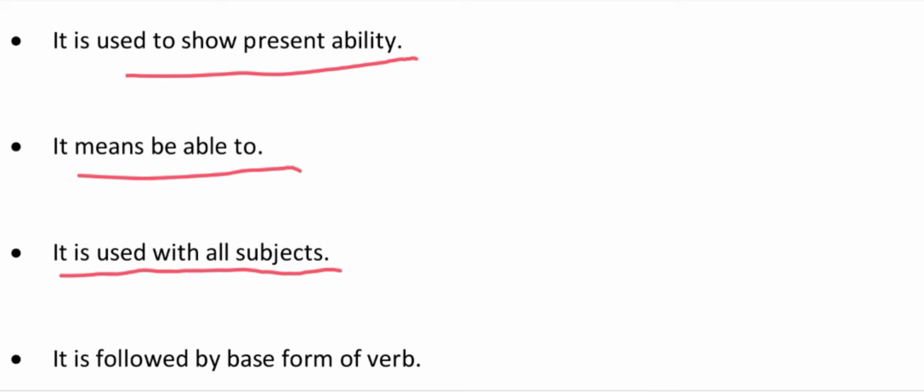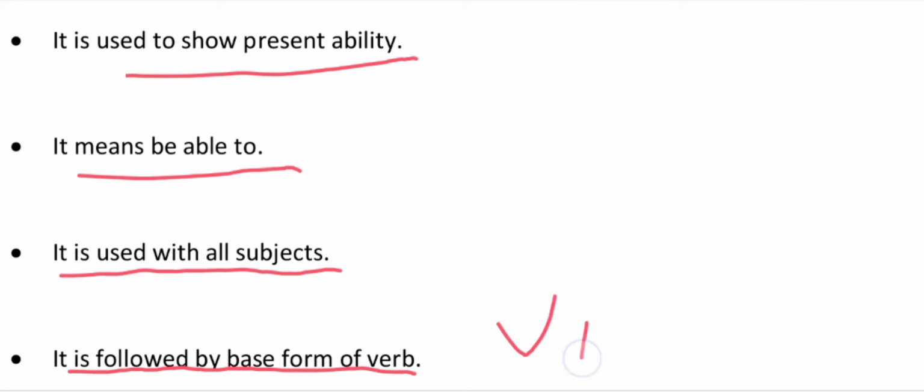Normally in present indefinite tense or in other tenses we have an inflected form of verbs, but in case of can, it can be used in all cases without any differences. So can be used with all subjects without any differences, and like all modal auxiliary verbs, can is followed by the base form of the verb.